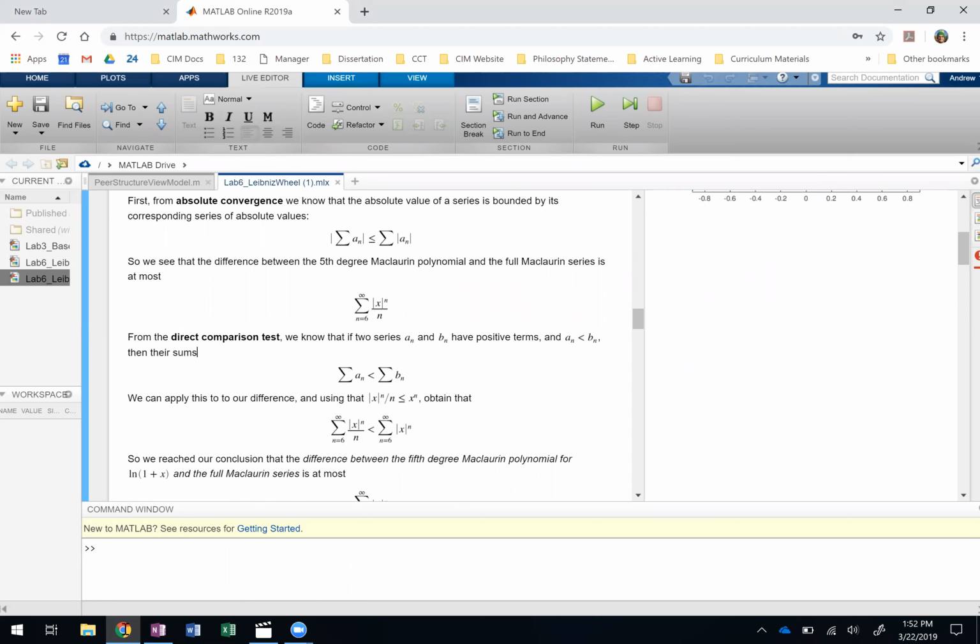Then we're going to use the direct comparison test to bound this error term by a simpler power series. This is actually a geometric series right here, and we can find the sum of it using our geometric series sum rule. But this thing is a little bit harder to find the sum of.